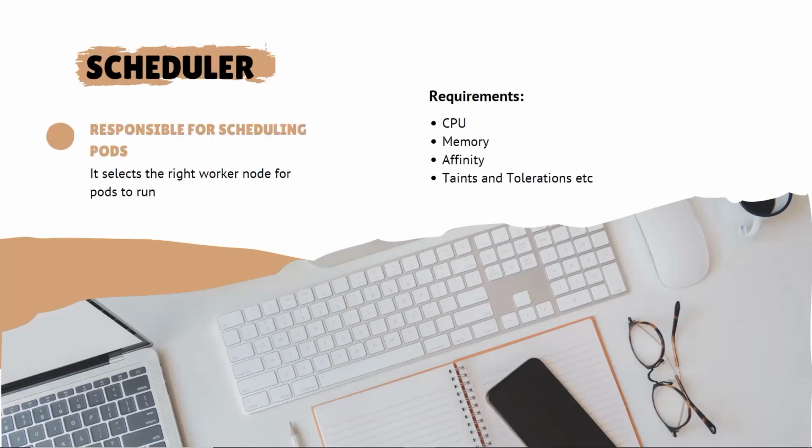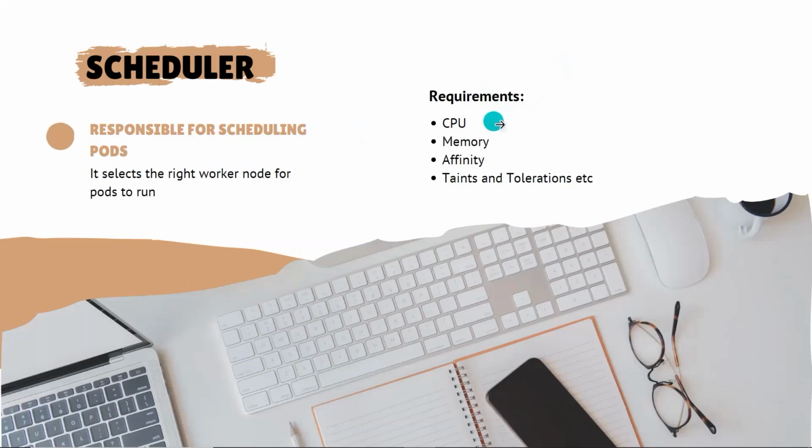Scheduler is the other component in the control plane. This is also called as kube scheduler. The kube scheduler is responsible for scheduling the pods on the worker nodes. For example, let's say I want to create a pod. So while I'm creating a pod, I'll provide some requirements for my applications.